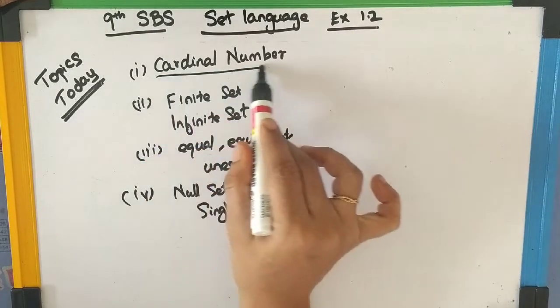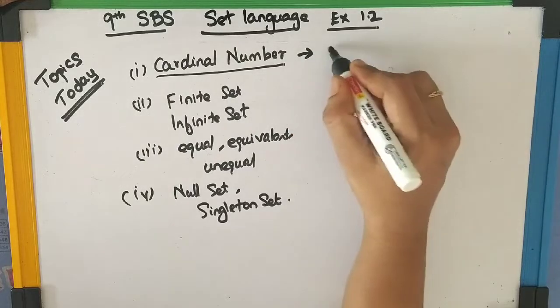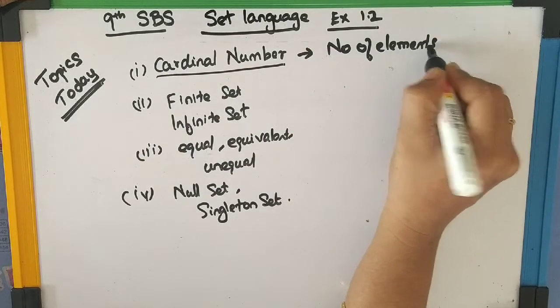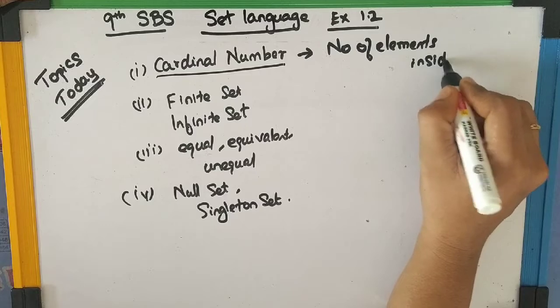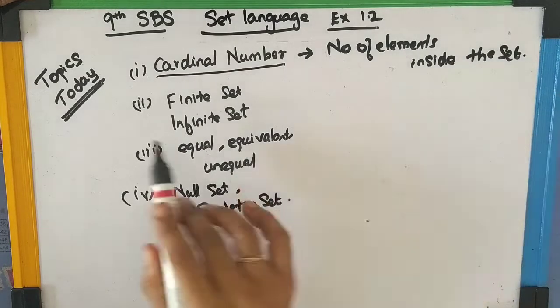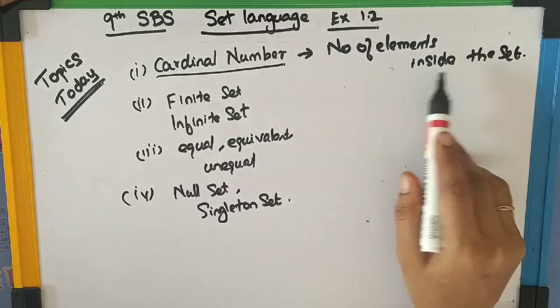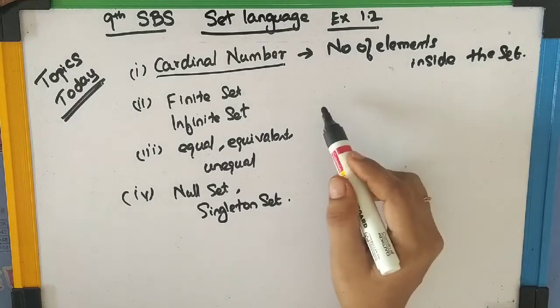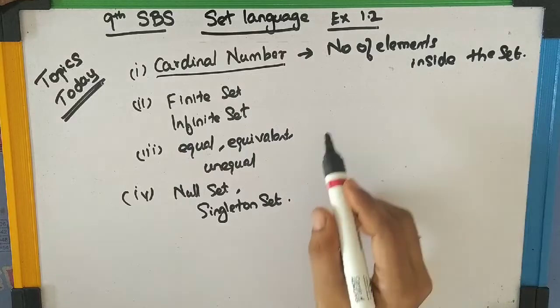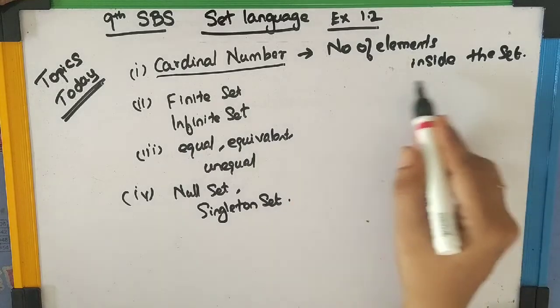What is cardinal number? It is the number of elements inside the set. For example, if A is a set and it has some numbers like 1, 2, 3, then what is the cardinal number of that set A? The number of elements inside the set is the cardinal number. Okay? Now, what is a finite set?